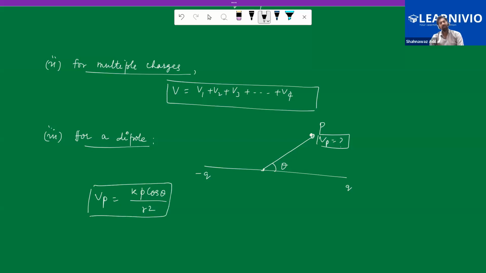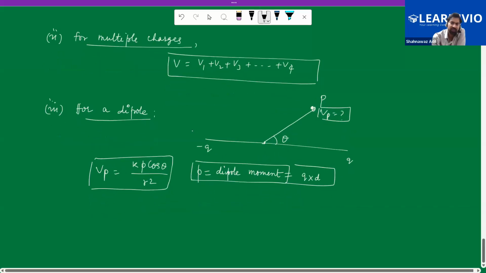So this is the electric potential of a dipole at point P. Here small p is the dipole moment, and this is charge into separation, right? So these are the things that we have to remember.